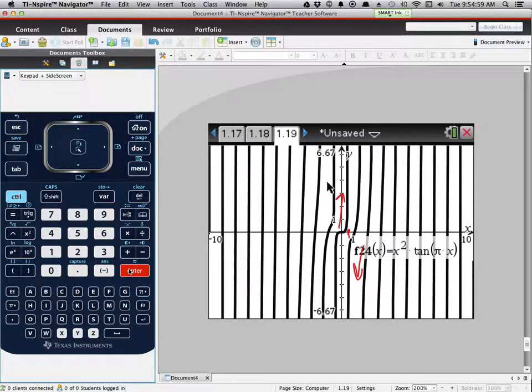And as you can see, here's 1/2. On the left side, I'm going up. On the right side, I'm going down, like we said. So since we're going to two different places, I cannot say that it's going anywhere. If they told me the right side or the left side, then we could have given them a better answer. But all we can say in this case is D and E.